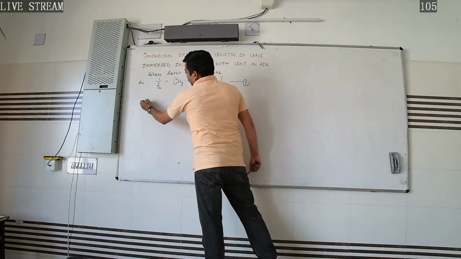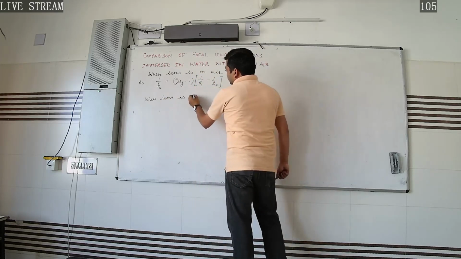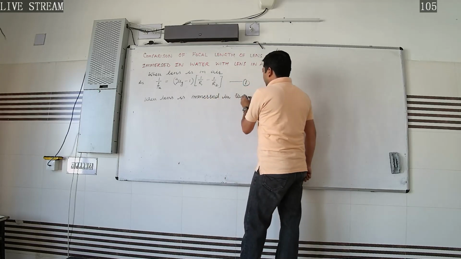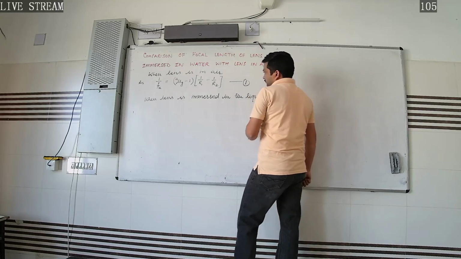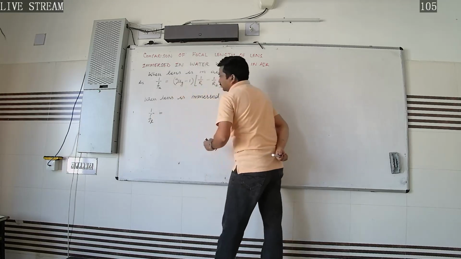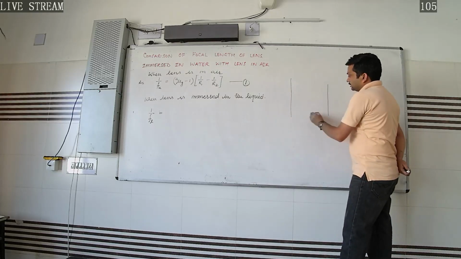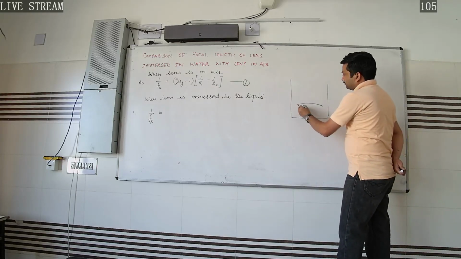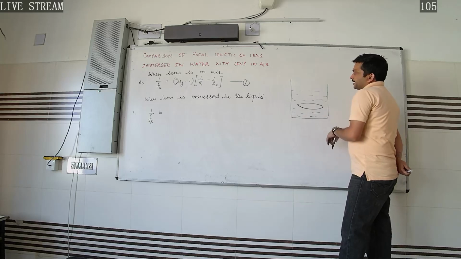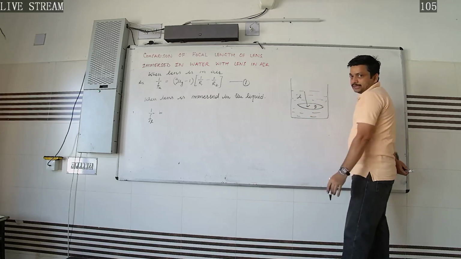In the second case, when the lens is immersed in the liquid, then what would happen? Then 1 over FL will be equal to, now on immersing the lens in the liquid, suppose we have the lens, let us consider a convex lens surrounded by the liquid, then the rays of light will go from liquid to glass.